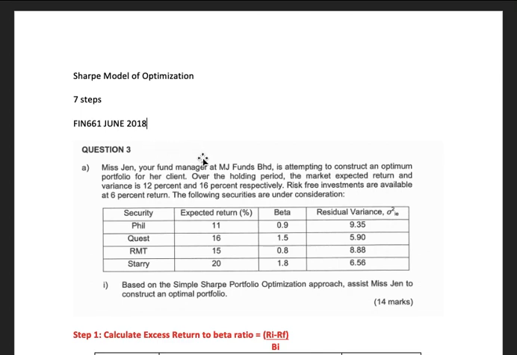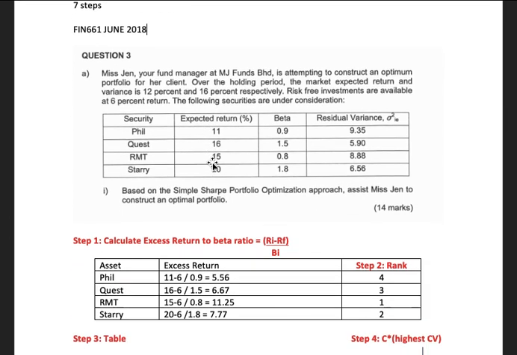For this kind of question, I have extracted the question from June 2018. This one is under FIN552, question 3. Let's read the question together. Miss Jen, your fund manager at MJ Funds Berhad, is attempting to construct an optimum portfolio for her client.